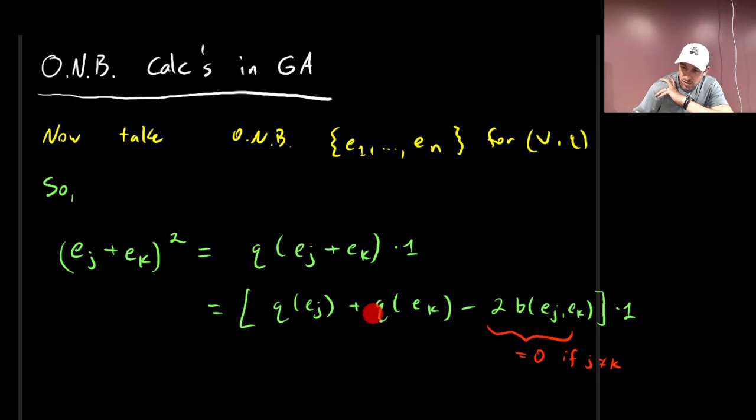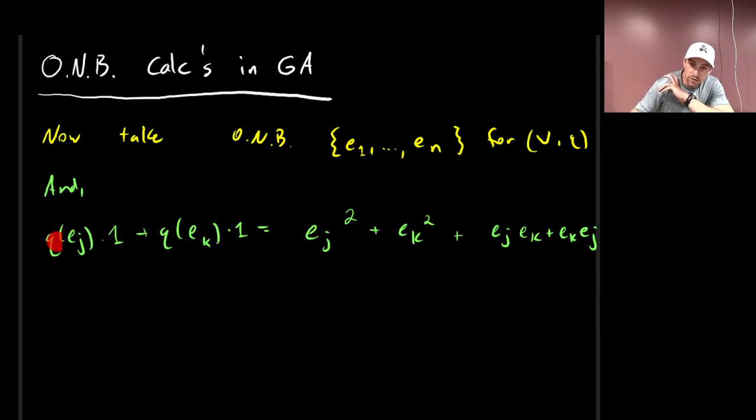So we're just left with these two, this times 1, this times 1. So pulling those over to the left-hand side, if we then expand the multiplication, EJ squared, EK squared, and then you get the cross terms. Well, this is equal to this is equal to this. So we cross them out, red with red, blue with blue. And so then 0 equals this.